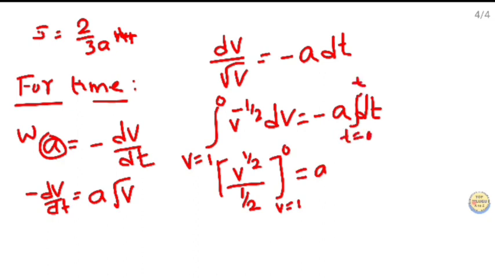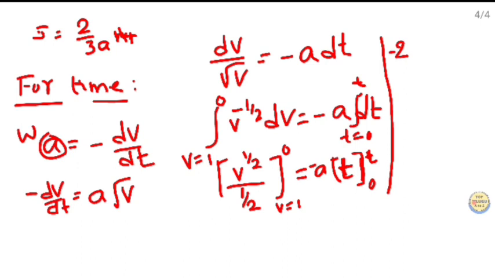Therefore we get 2 times the limit difference, which is minus 2 is equal to minus a t.